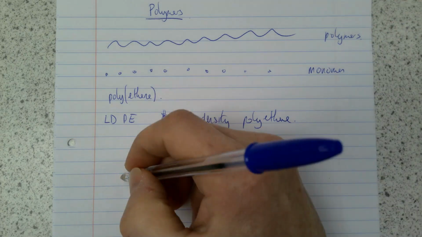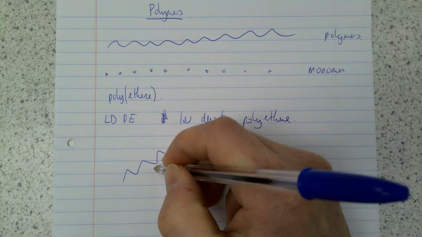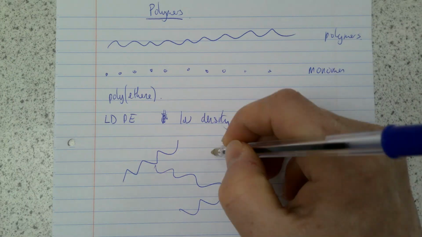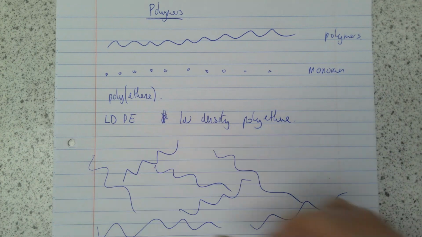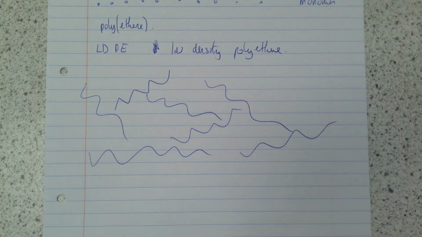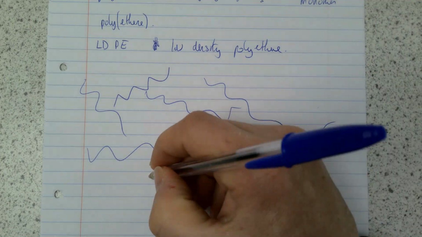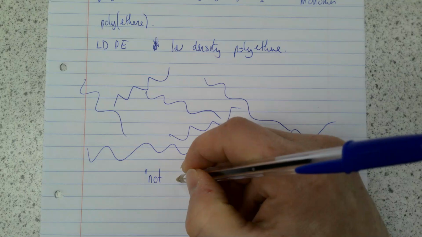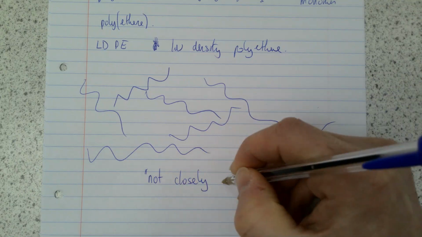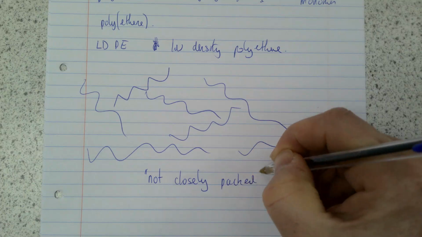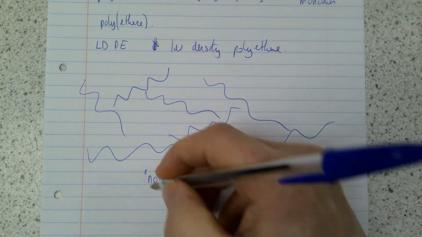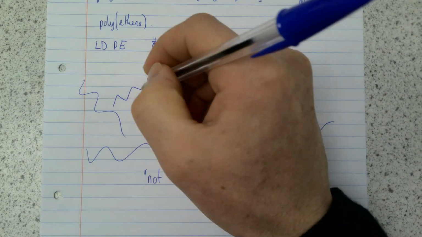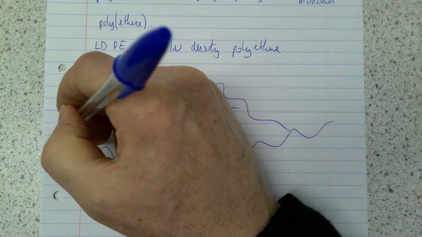But low density polyethylene ends up having a structure like this, where the polymer chains are sitting in a kind of untidy pattern with gaps between them, not very closely packed. So the language we're going to use in exams is not closely packed, not in a very regular structure. And that's because these molecules have what we call branched chains.